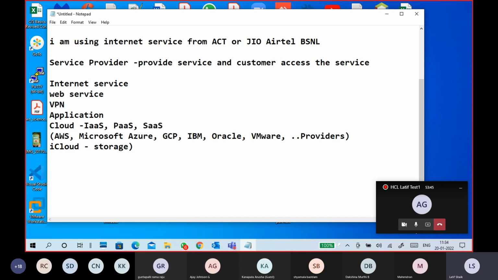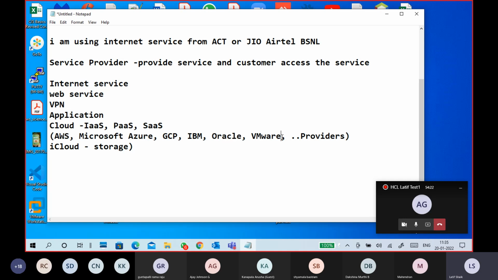PaaS. So majorly three, but there are a lot of different derivations, separate parts. But majorly when it comes to the cloud services, infrastructure as a service, platform as a service, software as a service. Different types of public service providers are there, like AWS, Azure, Google Cloud Platform, IBM Cloud, DigitalOcean, Oracle.